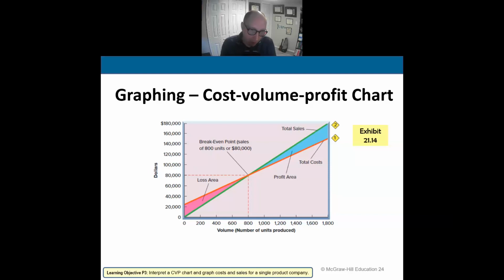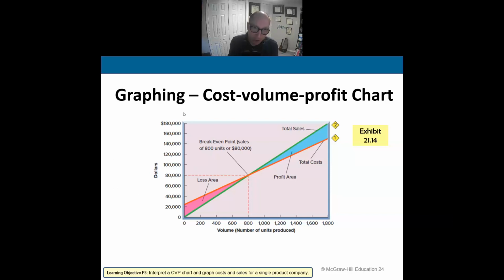Based off of the previous methods, I could figure out the point of break even. The point of break even is where your total sales equals your total cost. Pretty straightforward. We see that's where they intersect. Total sales equals total cost. And they intersect at $80,000 in sales and 800 units production.